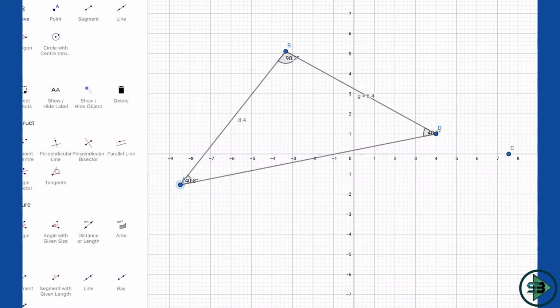If both angles become equal, 41, this is now 40.5 and 40.5, then these sides will be equal. See, this is 8.5 and 8.4, but if you make both of them 8.4, then the angles are equal. So two sides are equal and their angles are 40.7 and 40.7.